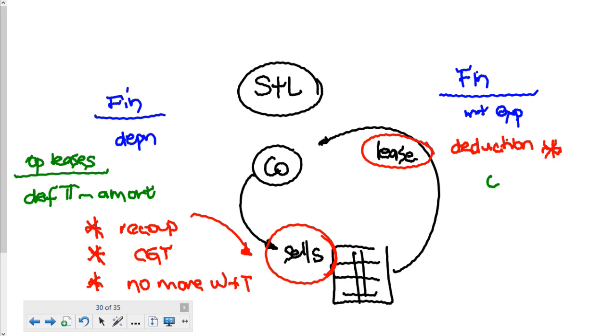Do you agree? And on this side, when we have operating leases, we have the lease expense, which is being straight-lined, equalized, if that's the case.